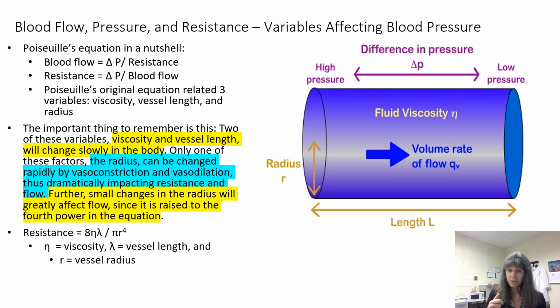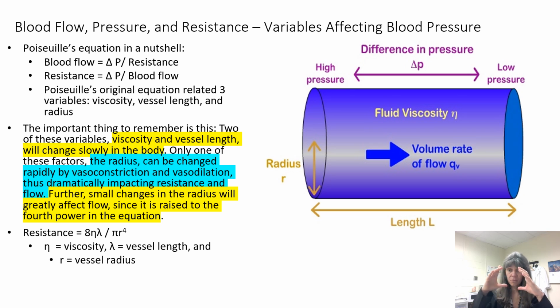It can either undergo vasoconstriction or vasodilation, and small changes in the radius greatly affect flow, because that's the one variable that is raised to the fourth power in this equation. I'll say that again. The radius is the value that is raised to the fourth power in this equation, which is why the radius greatly affects resistance to blood flow.